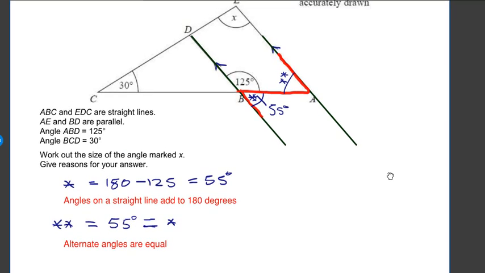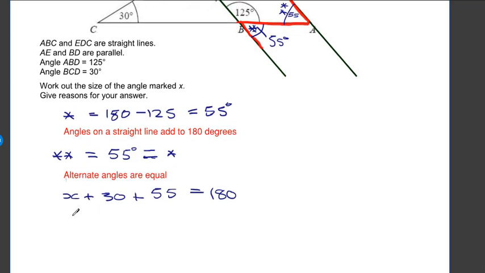So that's it. So then the last thing, x plus 30 plus star star, which is 55. We know x plus 30 degrees plus 55, this is 55, because we just stated that they're alternate angles. Well, what do the 3 angles inside the triangle add up to? 180 degrees.